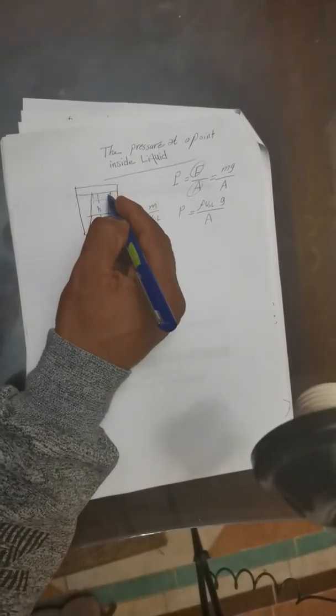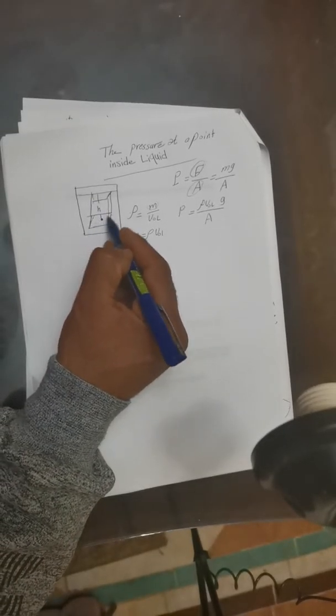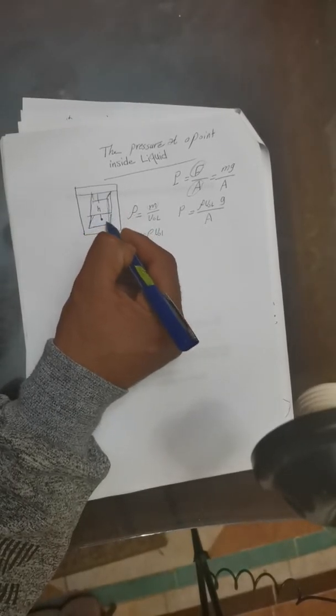But the volume of the fluid column here equals the area multiplied by the depth, or the height of this column.